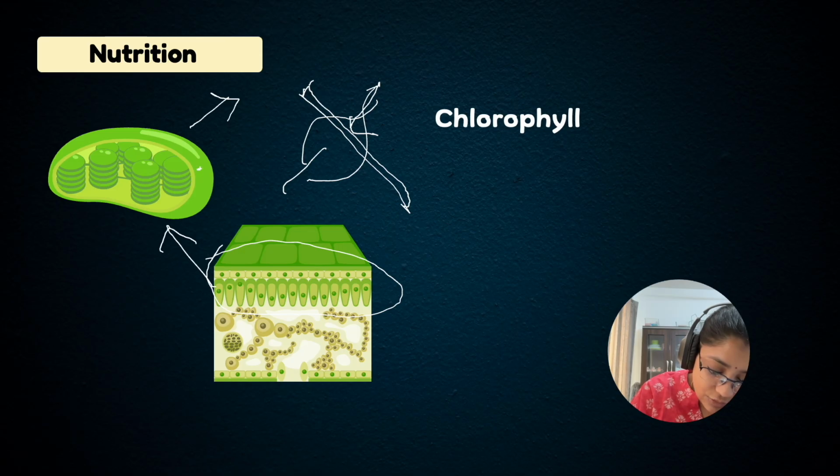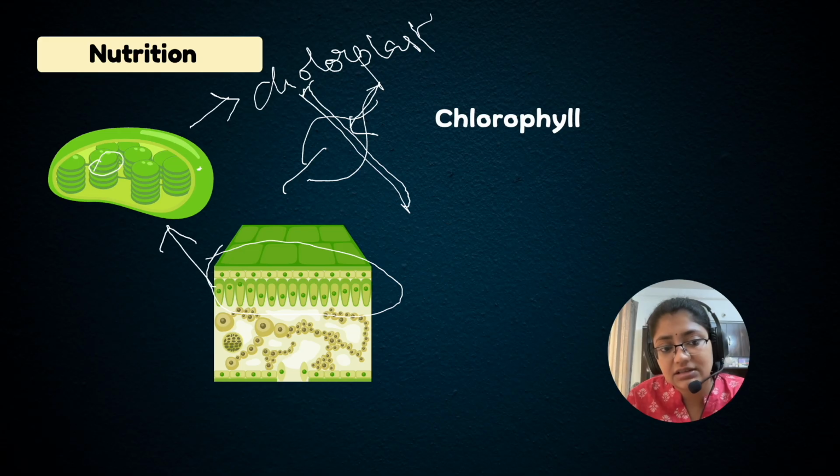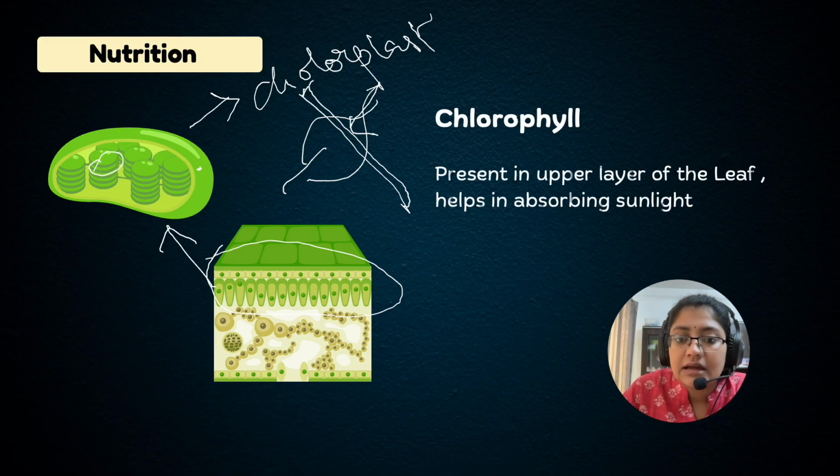So inside the chloroplast, we have chlorophyll which helps in absorption of sunlight. Chlorophyll by nature absorbs sunlight. It's a chemical such that it can absorb sunlight, right? So it is present in the upper layer of leaf and it helps in absorbing the sunlight.